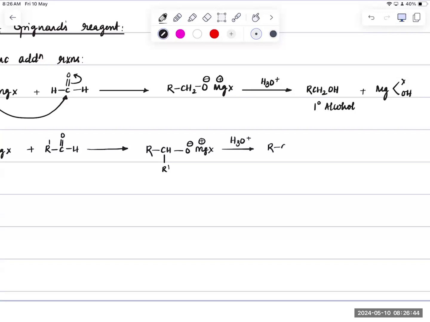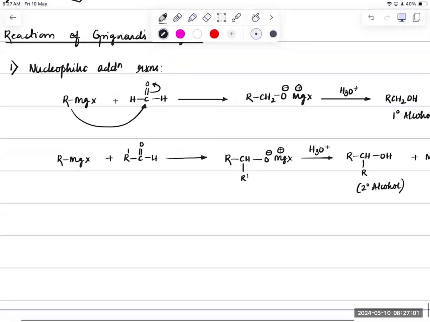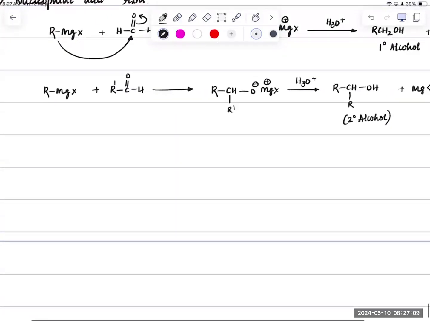So we will get this as R, CHR dash with OH, plus MgX and OH. So what we are getting here is 2 degree alcohol. Which means if you take only formaldehyde, we'll get 1 degree alcohol. If you take any other aldehyde, acetaldehyde or any kind of aldehyde, then we will get secondary alcohol.